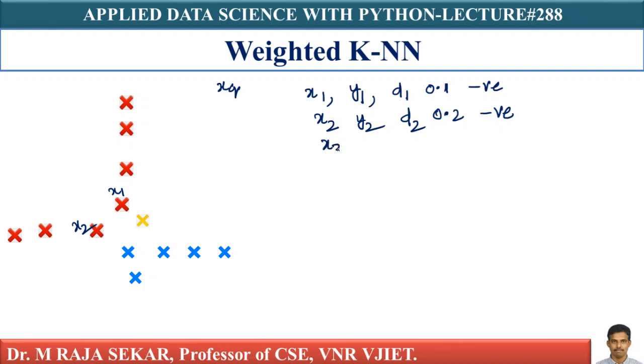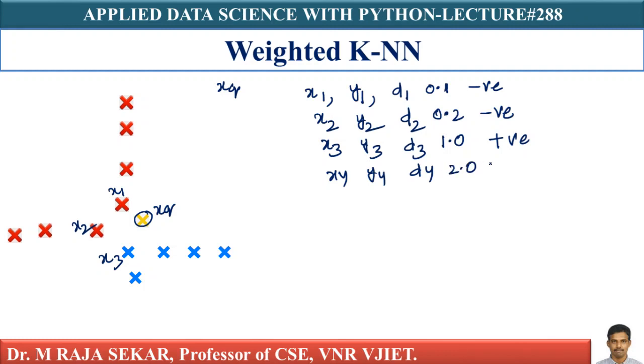Let me say x3. This is my xq as usual. This is my x3, label y3, corresponding distance d3, and let it be 1.0. My x3 is a blue cross, therefore it must be positive. In a similar manner, for x4, y4 is the corresponding label, d4 is the distance, let it be 2.0.